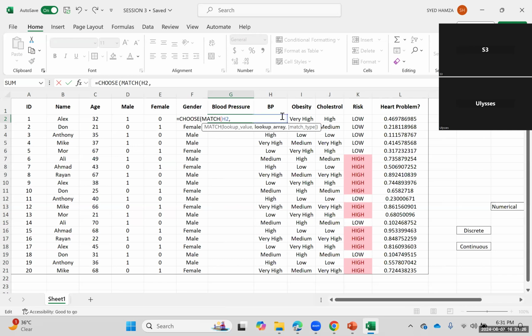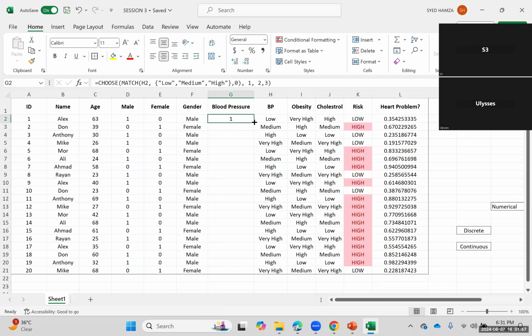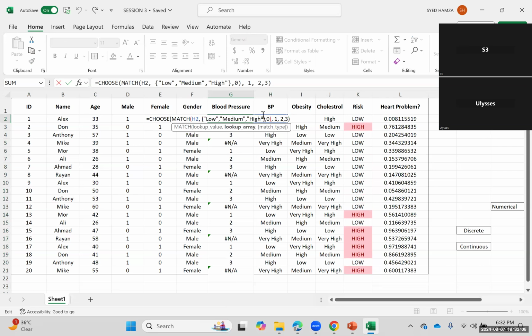So that's going to be H2 with possible values of low, medium, high, with that of 1, 2, and 3. So we will apply this. Oh, we didn't use the very high. Okay, we have very high.